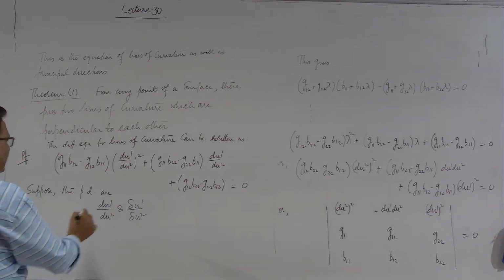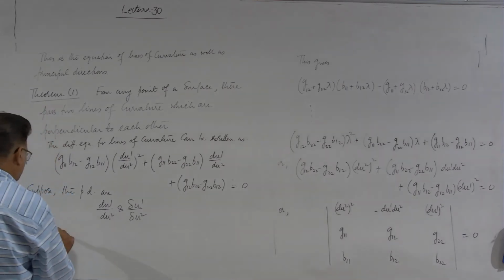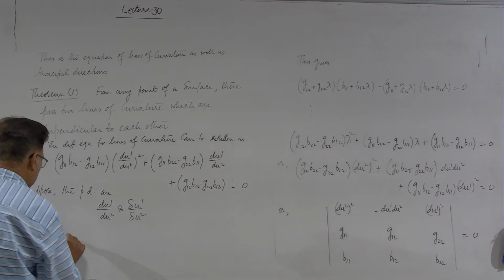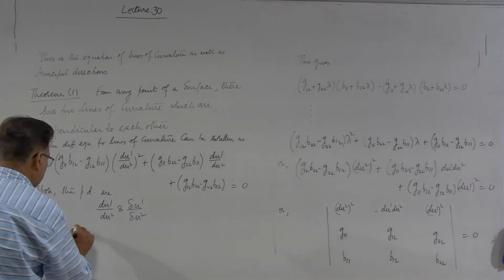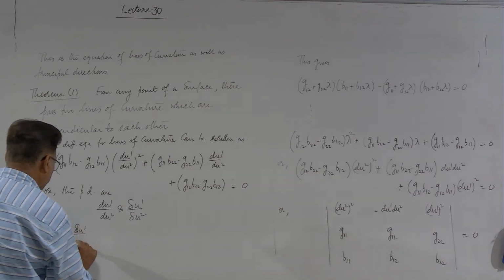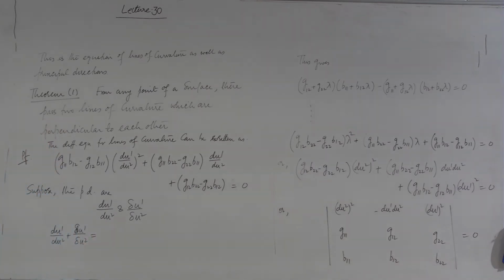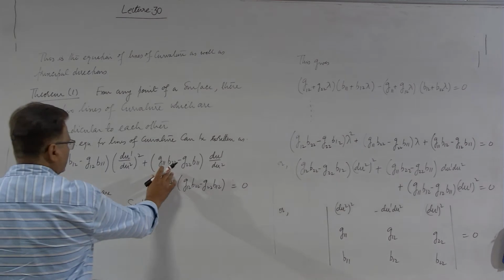So, if these are the two principal directions, I can look at the sum of the two directions, that will be du1 upon du2 plus delta u1 upon delta u2. It will be minus times this upon this.